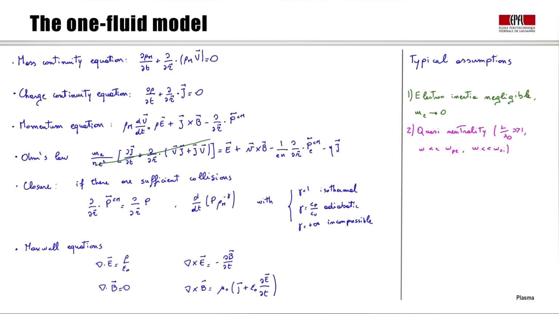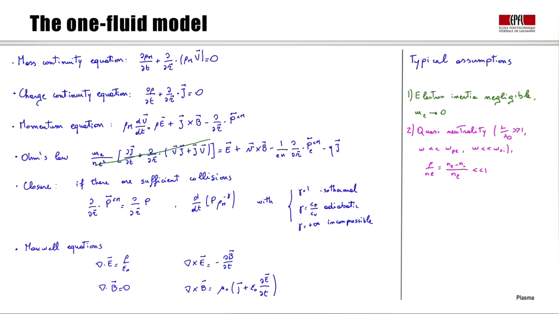Under this assumption, one can impose that the charge density with respect to the density of the electron, that is equal to the ratio of the difference between the electron and the ion density divided by the electron density, has to be much smaller than 1.